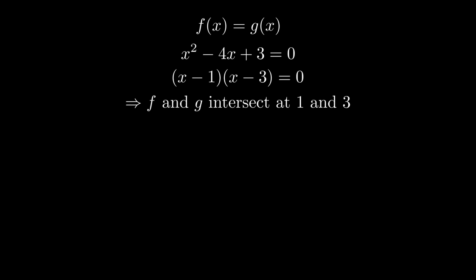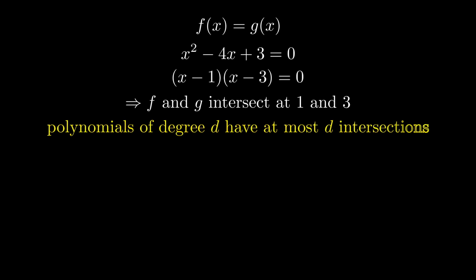The thing you'll notice here is that the maximum amount of points where two of these polynomials can intersect is based on their so-called degree, right? On the highest power. So if it's a power of 2, then in theory, at most, they'll intersect at 2 points, but they may intersect at fewer points, right? So we can generalize to say that if you have a polynomial of some degree d, they'll have at most d intersections, right?